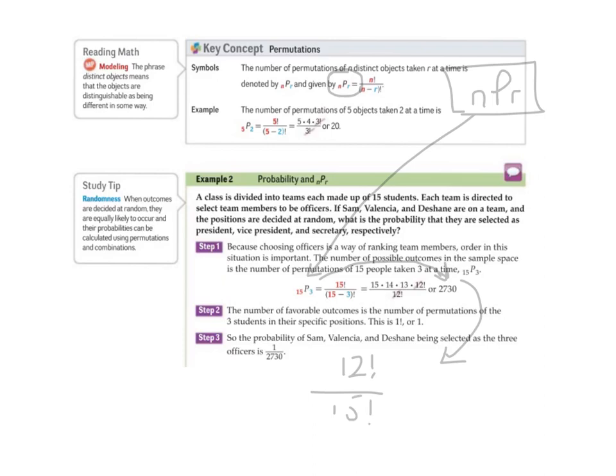And just like we did last time, you're going to do 12 factorial over 15 times 14 times 13 times 12 factorial, and then again these will cancel and you finish up with your answer, which is 1 over 2,730. But this will actually give you how many different possibilities there are.